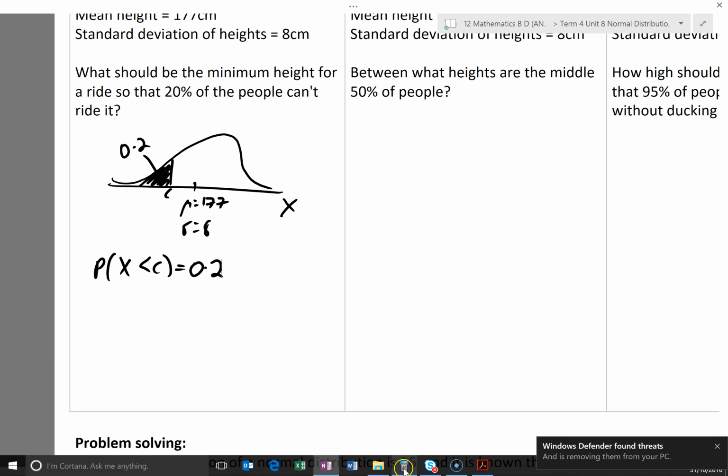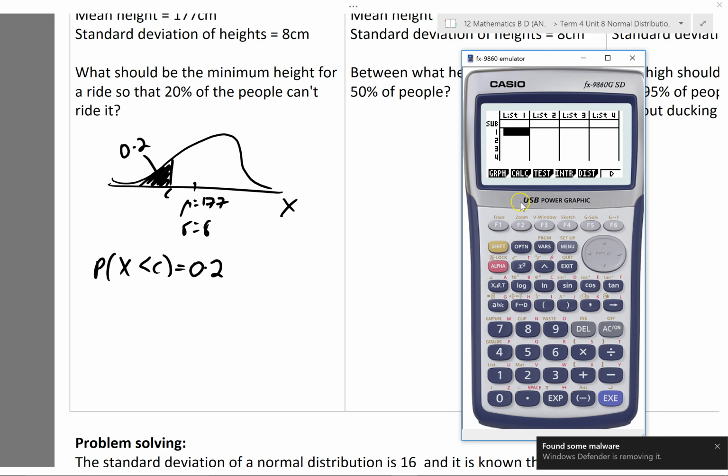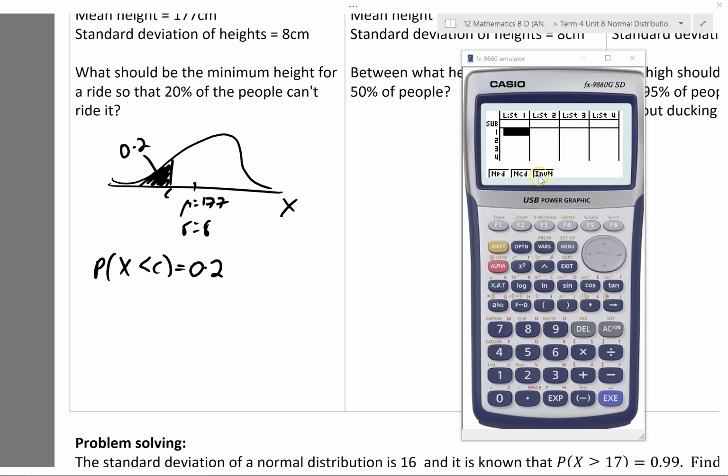The way I'll do that is just straight using my graphics calculator in stat mode. After a distribution, it's a normal distribution, and instead of using NCD like normal, I'll use the inverse normal distribution. I've got three options: left, right, and center.